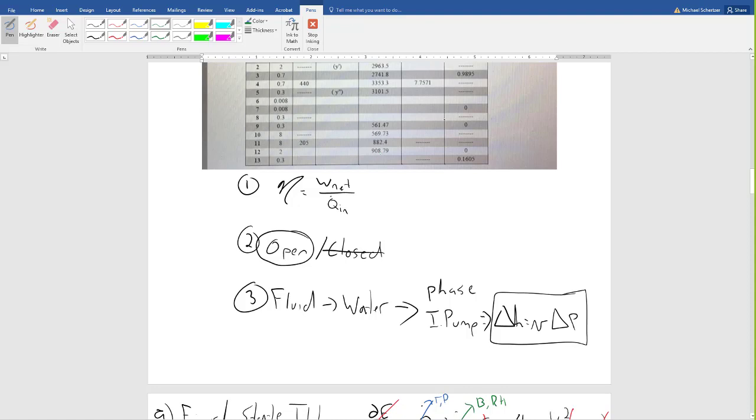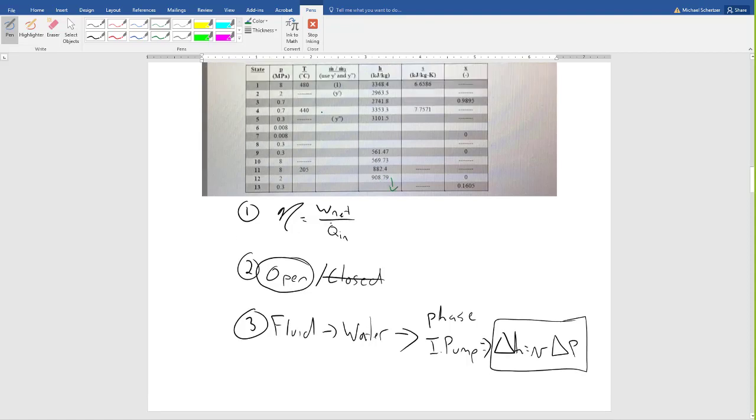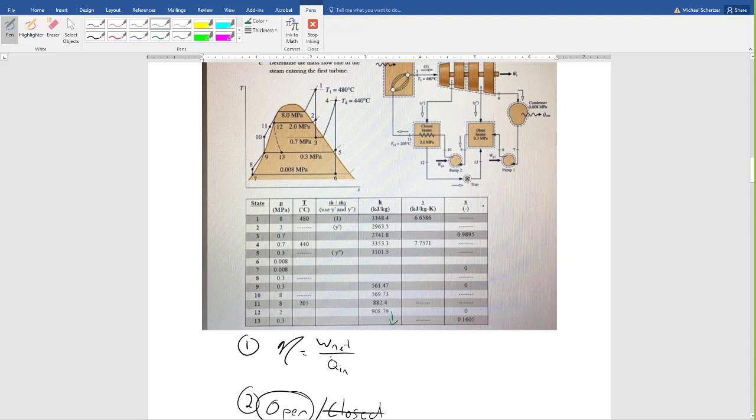So we do know h12, but h12 is the same as h13. Anytime you go through this kind of valve here, this is an isenthalpic valve. So this means that h13 is equal to h12. So this is also 908.79. So we know 1 to 5, and we know anything above 9.